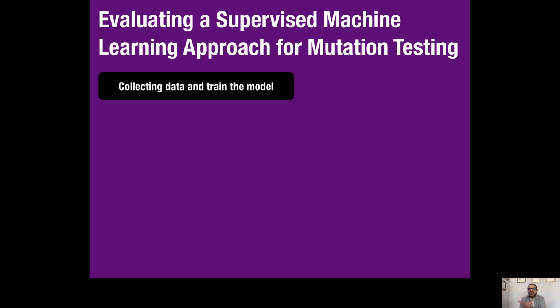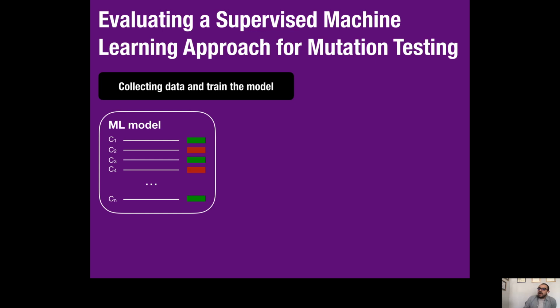And the training data collection is generally done with mining software repositories algorithms, depending on the specific problem that you have, of course. What you have at the end of the data collection is something like what you see in the slide. Namely, you have a number of classes, in our case, a number of test classes, with information about the features characterizing those classes. In our case, the 67 features we selected.